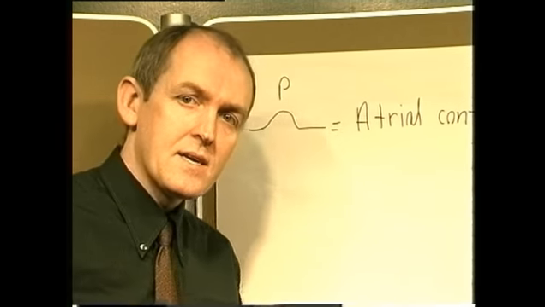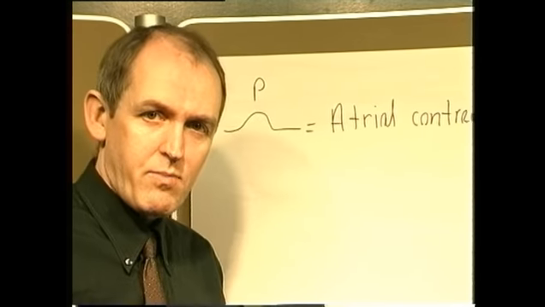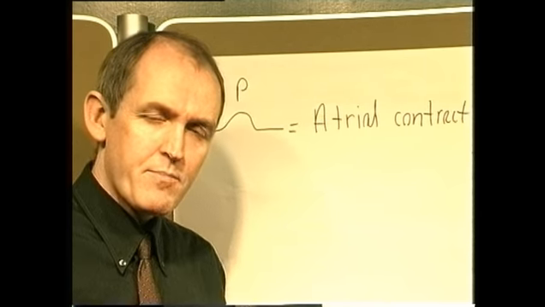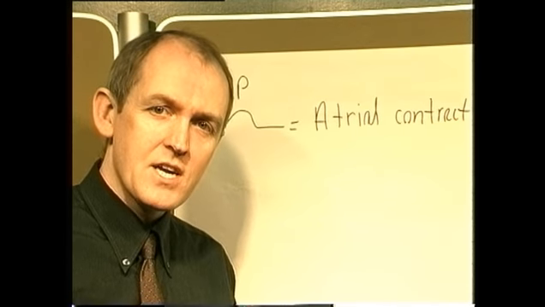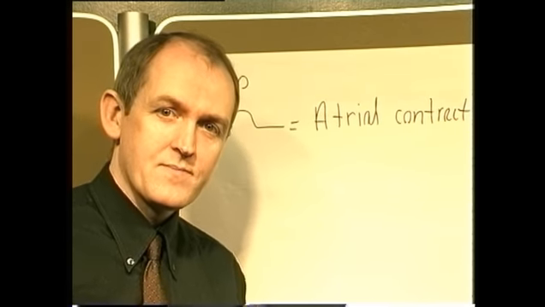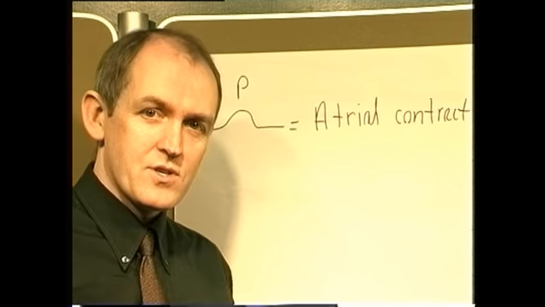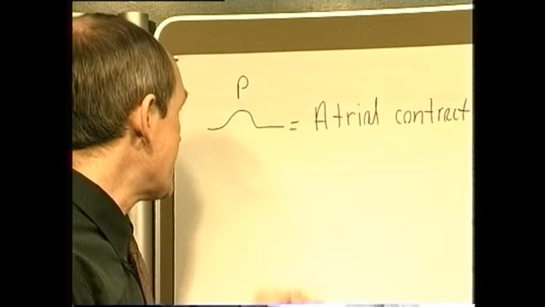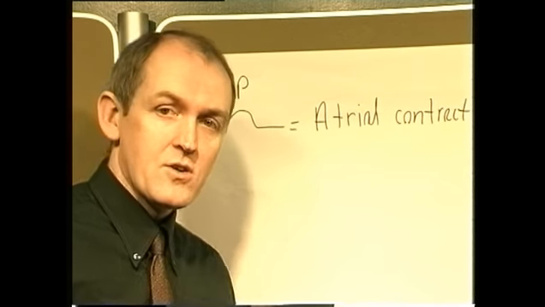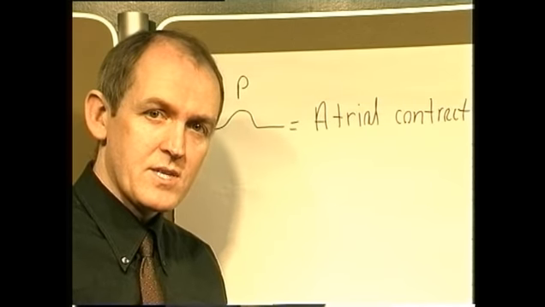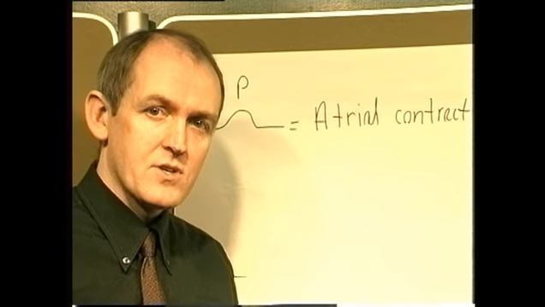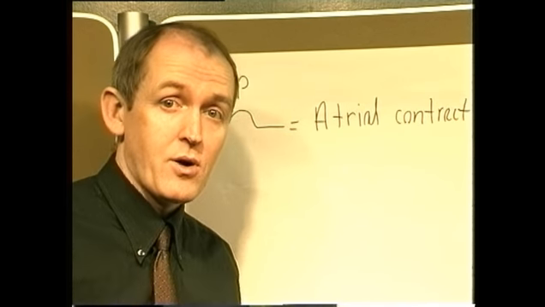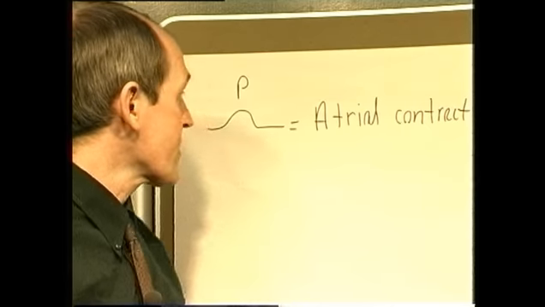Now, technically, the P wave is not caused by atrial contraction. The P wave is caused by the depolarisation of the atrial muscle, which causes atrial contraction. But in normal physiology, if the heart's working properly, the P wave will be associated with atrial contraction. So we normally say the P wave is caused by atrial contraction when it's actually caused by the depolarisation of the atrial muscle.